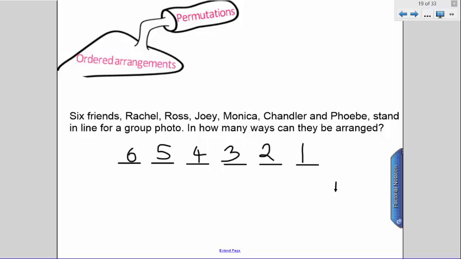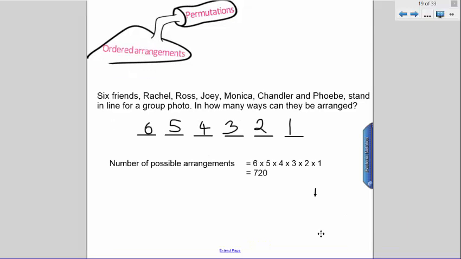Using the fundamental counting principle, the total number of ways in which these arrangements can happen will be obtained when you multiply those 6 numbers together. Putting that into our calculator, we see that there are 720 different possible arrangements.